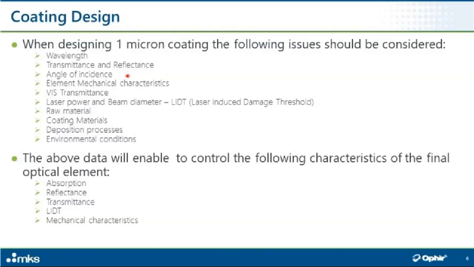Then we have to specify the optics mechanical characteristics. Another parameter is transmission in the visible, because sometimes, in addition to the laser beam, you have a visible beam which assists us when cutting the mechanics, when cutting the substrate.